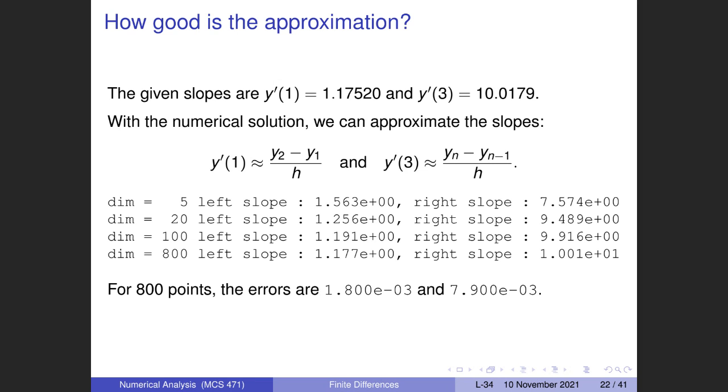How good is the approximation? Well, we can check. For this problem, there probably was not an exact solution, but we can check the boundary value. This is the Neumann problem, where you feel a little bit less at ease, because we do have the incoming slopes and the outgoing slopes. So what you expect is that if you approximate the slopes using divided differences again, then as the dimensions creep up, your approximations improve.